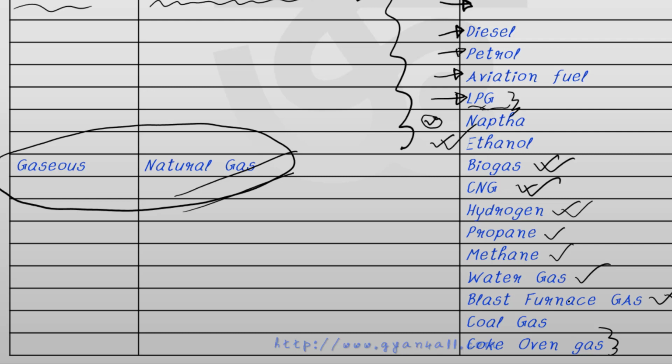From our thermal engineering point of view, the most important are liquid and gaseous fuels. Out of that, diesel, petrol and aviation fuel are extensively used in industrial applications or in vehicles. These are some classifications of fuels and their use and processed form.